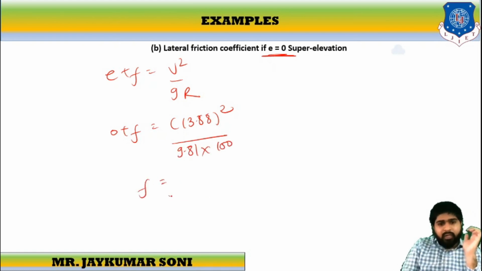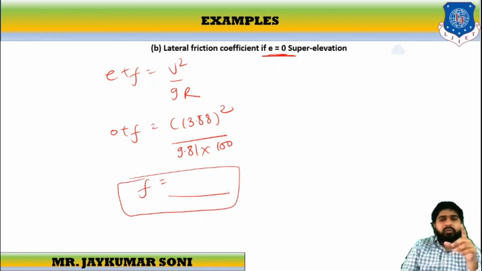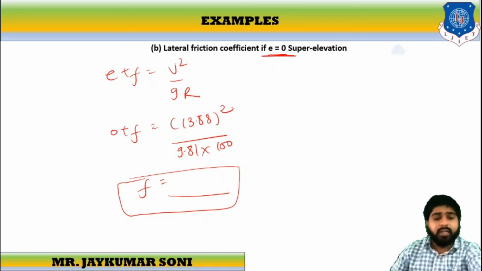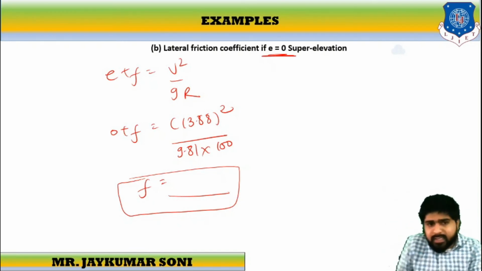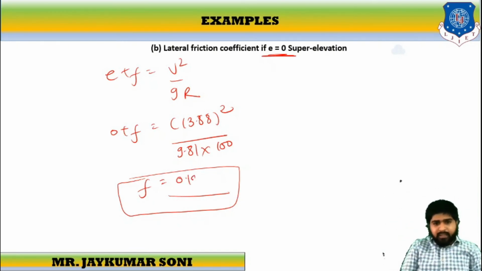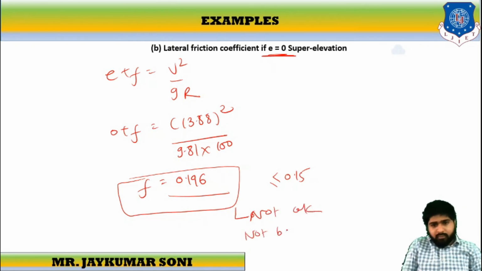Tell me what is the value that you are getting as the value of F. This is the coefficient of friction, so it will not have any units. I have calculated the value and it is coming as 0.196. Now the permitted value is 0.15. This is more than that, so this is not okay.